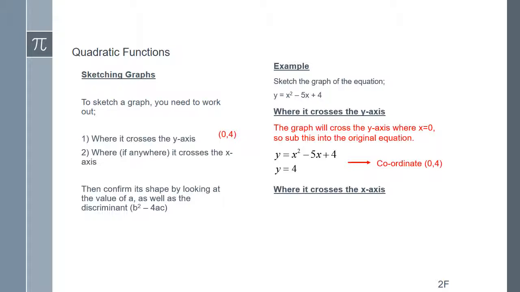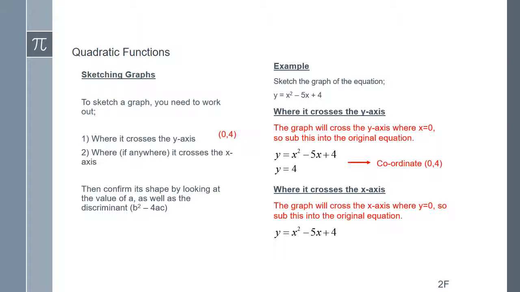Where does it cross the x-axis? Well, firstly, we should really check to see what the discriminant is. If we work out b squared minus 4ac, that's minus 5 squared minus 4 times 1 times 4, 25 minus 16, 9. That tells us there are going to be two real roots because b squared minus 4ac is bigger than 0. So it's going to cut the x-axis when y is equal to 0.